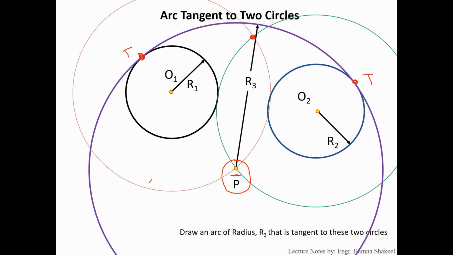Similarly, if you take this point, that is also an intersection of the two offsets, you can call it P dash. Place your compass at P dash, open it equal to R3 and draw a circle. That circle will go in this direction and will touch both of these circles at tangent points.